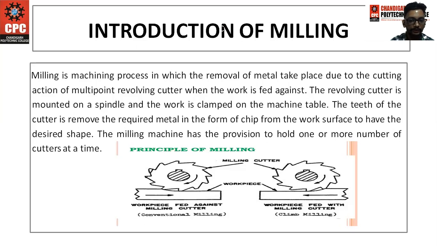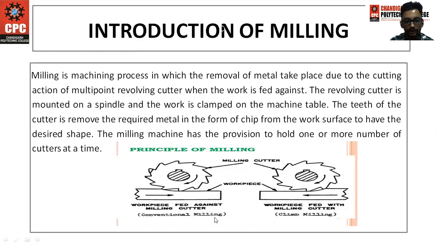So look at the diagram, the principle of a milling cutter. In the first diagram, the cutter moves in the clockwise direction and the workpiece moves in the opposite direction.